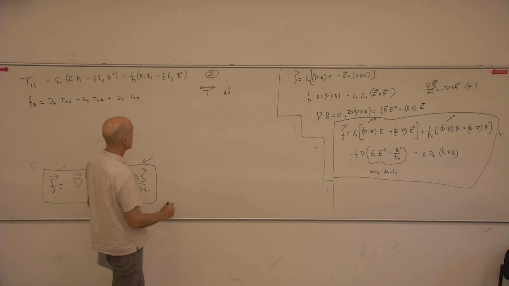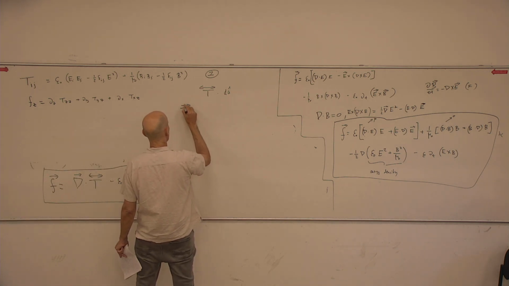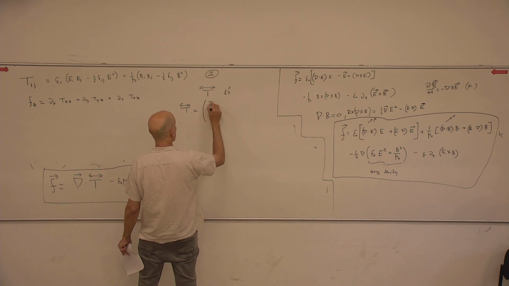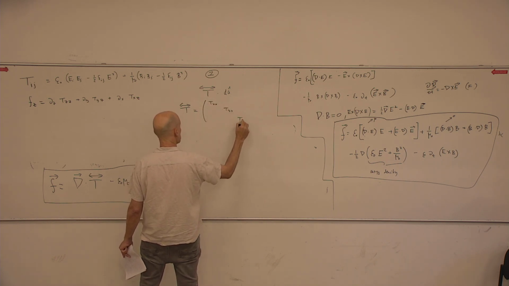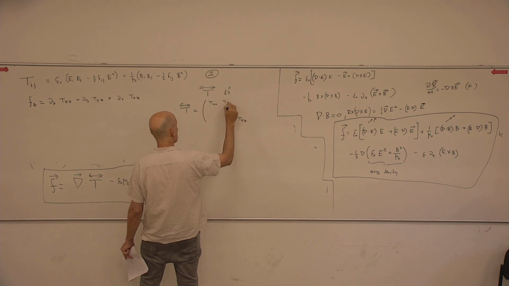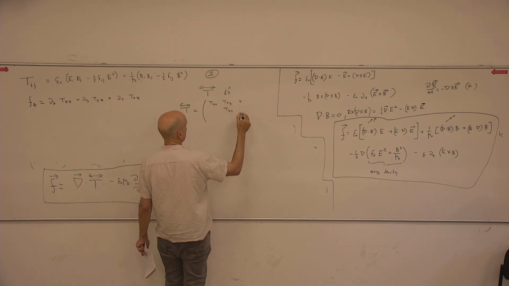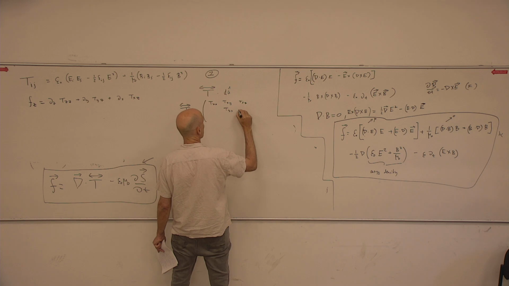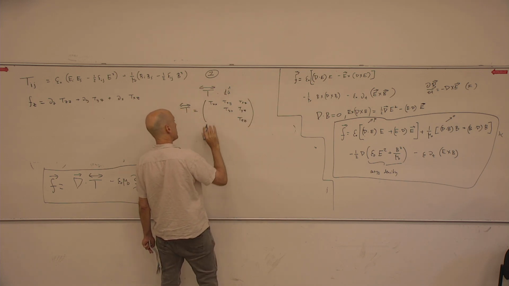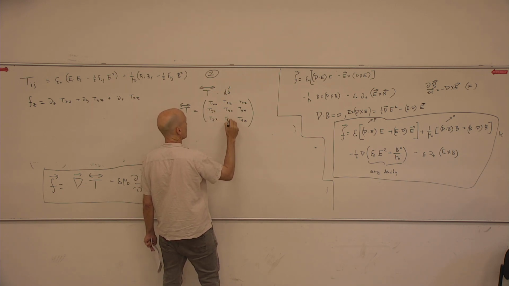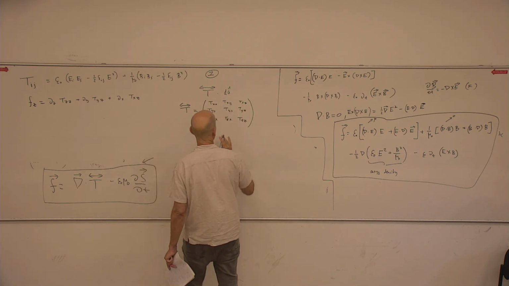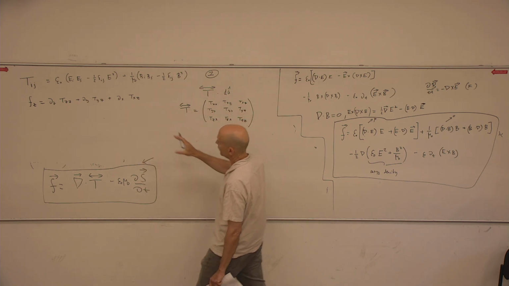And the matrix, again, the T, you have here Txx, Tyy, Tzz, and here I have Txy, here I have Txz, Tyz, and this is, by the way, a symmetric matrix.